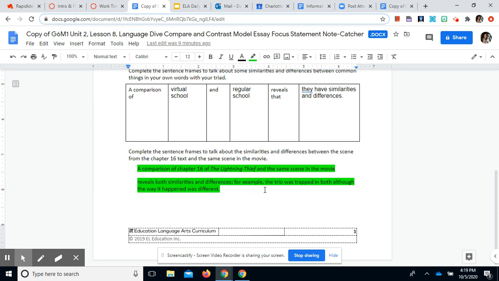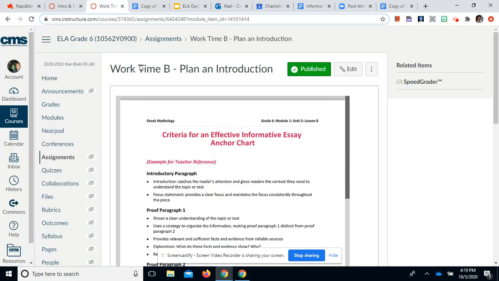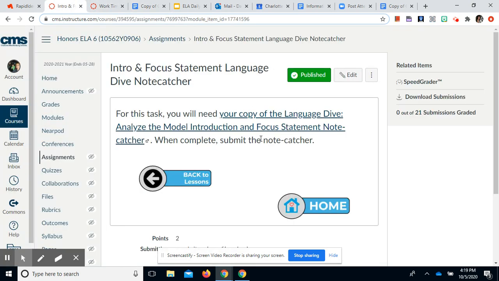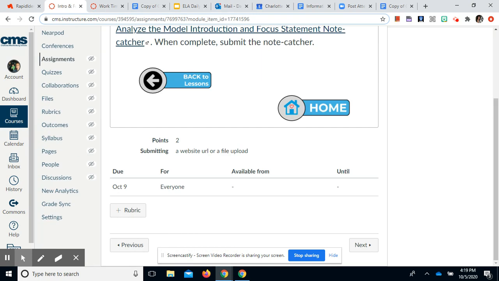If you are not going to focus on that part with the trio being trapped, but it being different how they were trapped, then don't put that in your focus statement. Some people maybe put that it was the same characters, although they were different. Whatever you include there as your example, you are going to want to make sure you spend more time writing about in your essay.